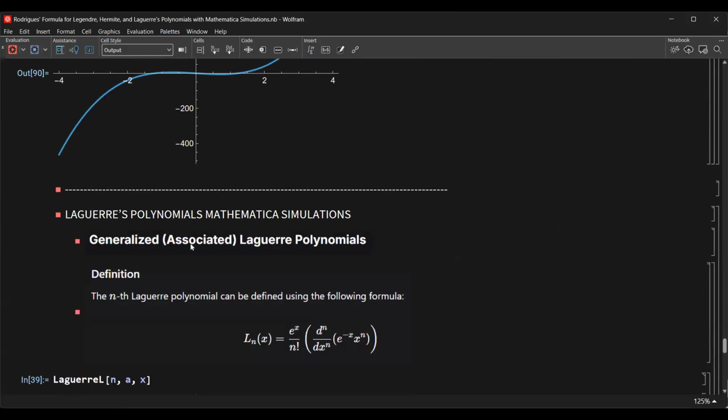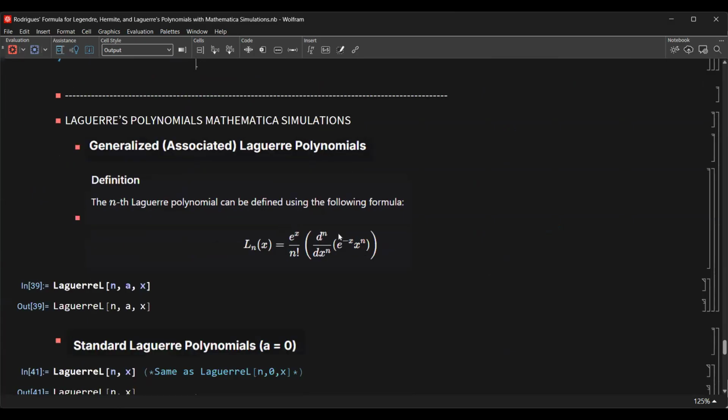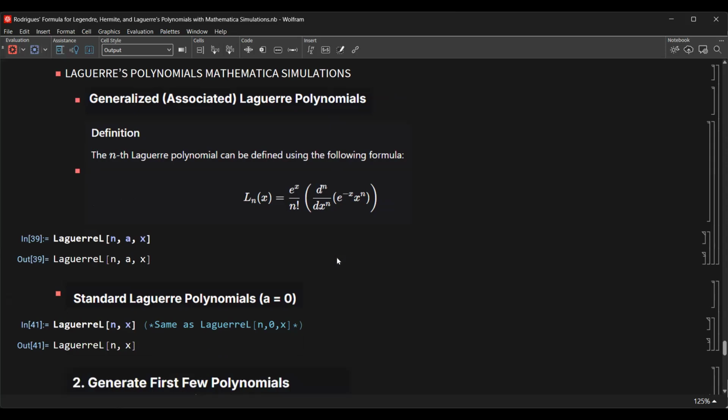So let's proceed to Laguerre's polynomial mathematical simulation. So we have the definition of the Laguerre polynomial here.